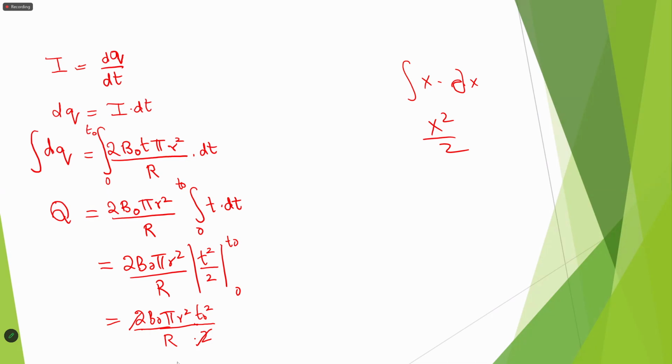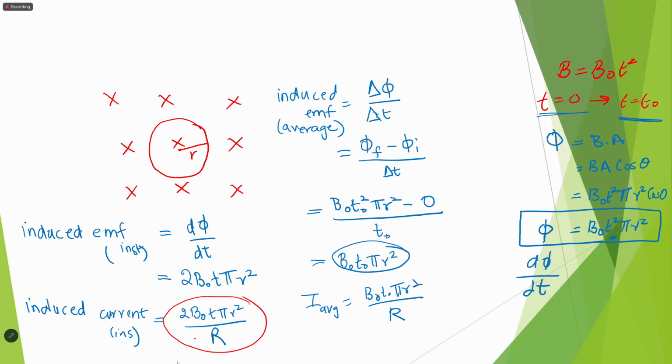Okay. Now let's go back here and try to understand what will be the direction of current in this coil. According to the equation given in the question, when the time increases, what happens to the magnetic field? Does it increase or decrease?